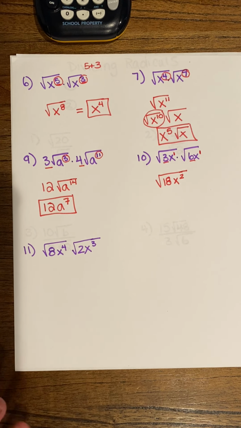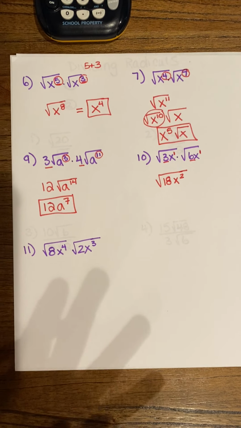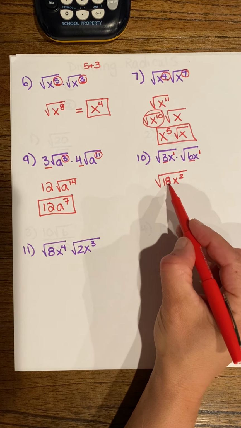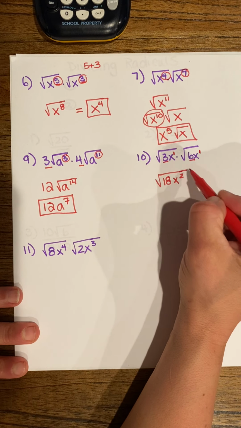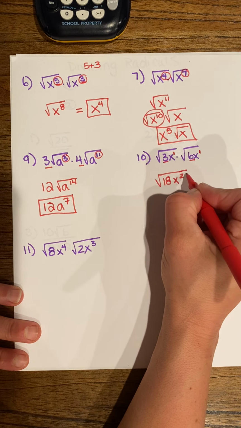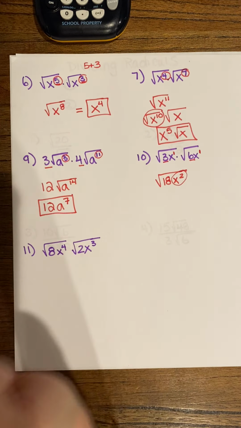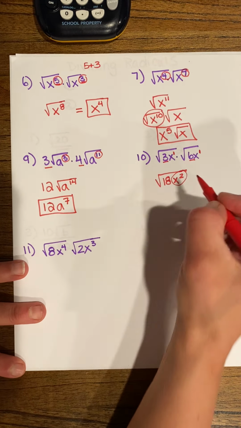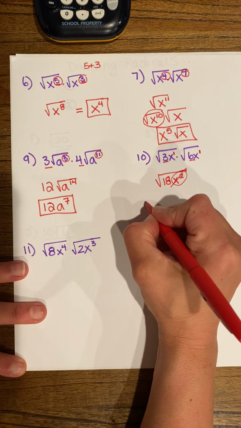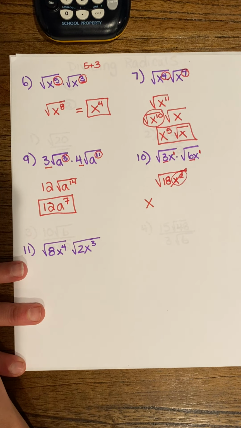So now going back to day 1 of radicals, if I have a number and a variable, I'm going to look at them separately. The first thing I'm going to do is look at the variable, because if it's even, I can get rid of it to begin with. Do we see x to the 2nd is even? So I can get that out of there as just an x. So all I'm left with is rad 18.